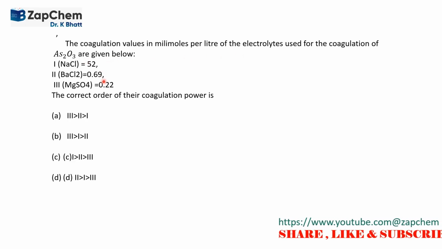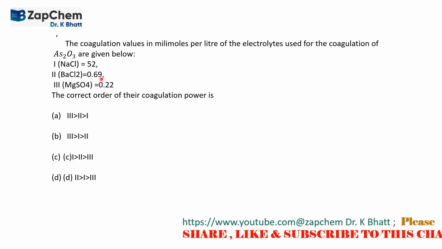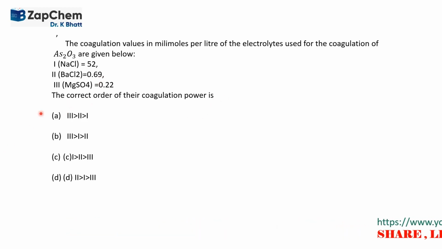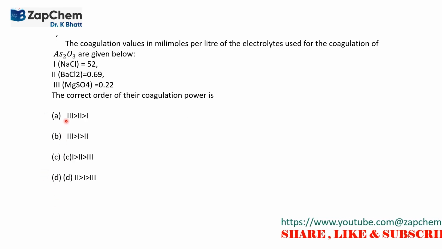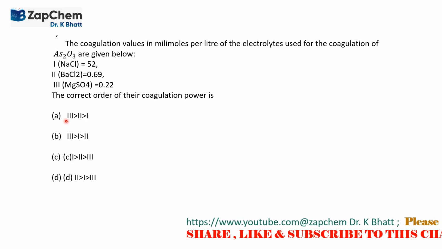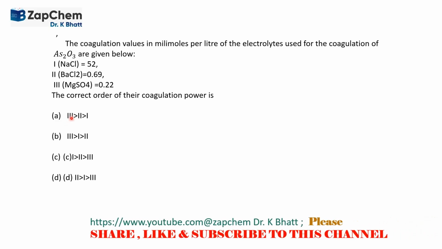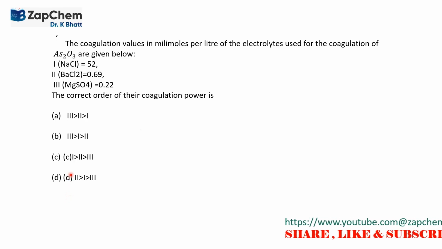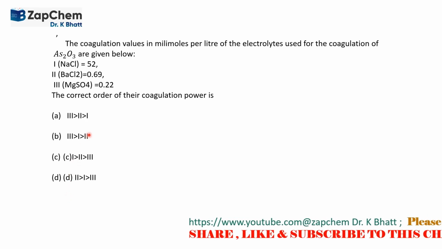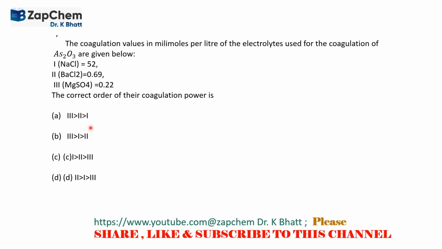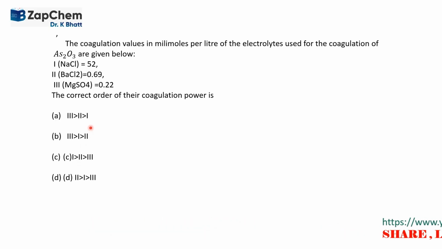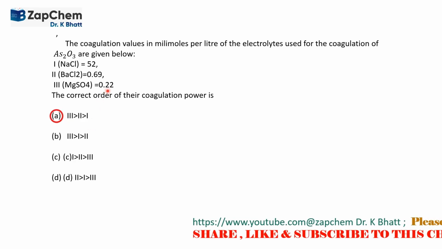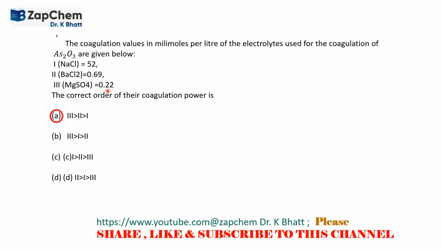These are the coagulation values provided here, and the correct order of the coagulation power is to be determined. 4 options are given in decreasing order, meaning the one which has the highest coagulation value will be written first, and the least coagulation value will be written at the end. So here the answer is option A, that is 0.22. 0.22 is the minimum coagulation value.